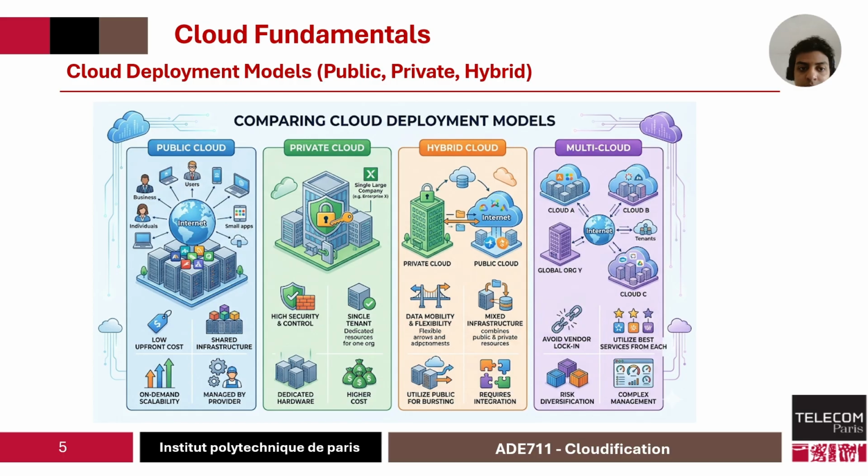The private cloud is the same as the public cloud, but when you reserve a service, it's dedicated to you. When you reserve a resource, it's used by one person, which is you.